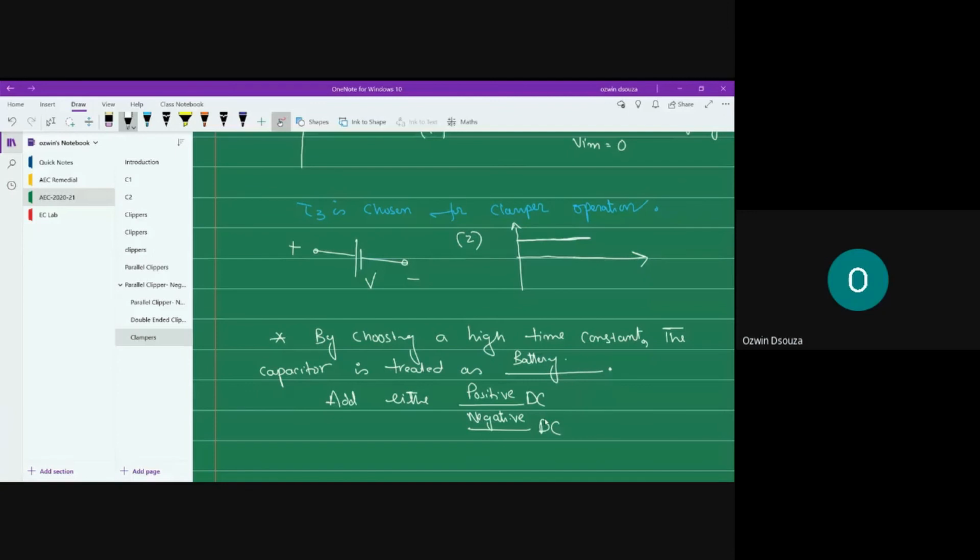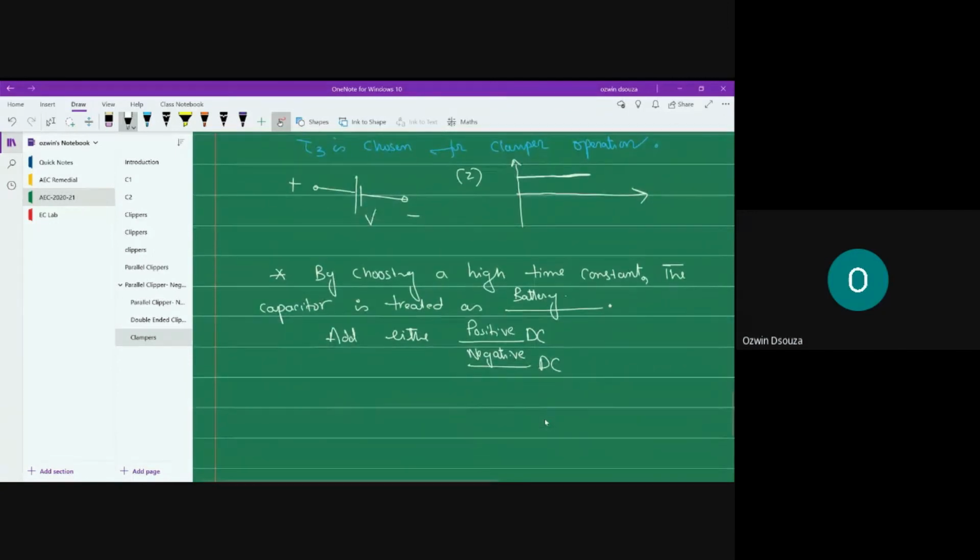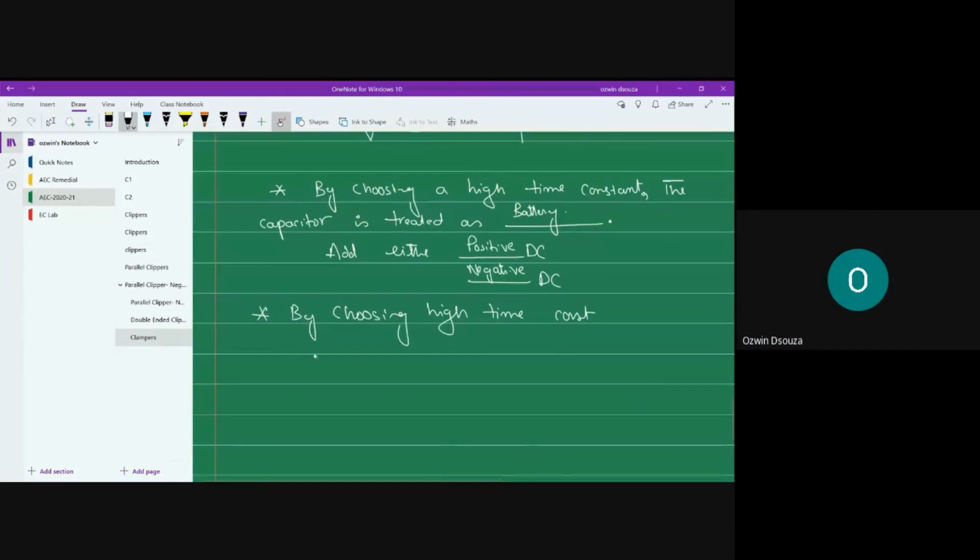So this is the basis, or the base, for your clamper circuit. Whatever capacitor you are going to use in your clamper circuit is regarded as a battery in our analysis part. That is possible by choosing a high time constant. Now let me come to the statement of the rule of thumb.